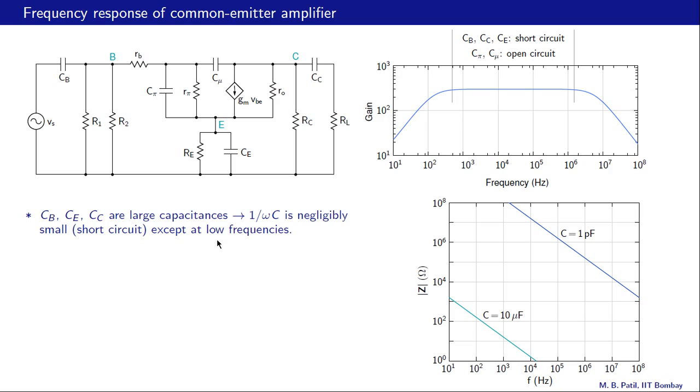This can be seen in this plot, where we are plotting the impedance presented by the capacitor as a function of frequency, essentially this 1 over omega c. And because it's a log-log plot, both axes being log axes, this quantity looks like a straight line.